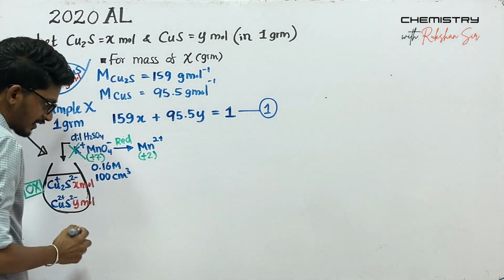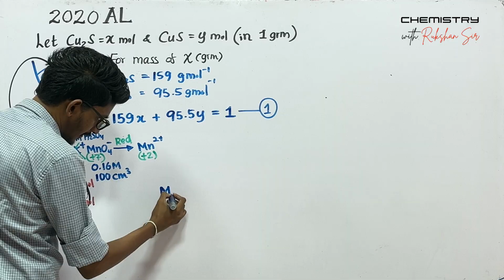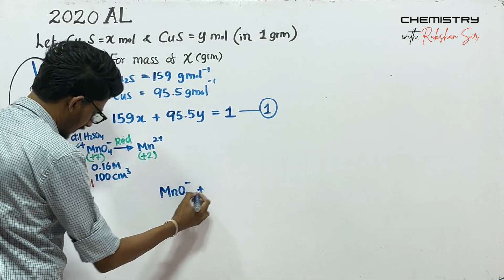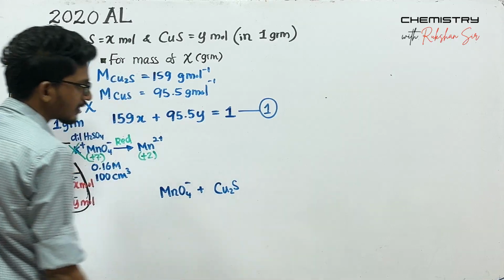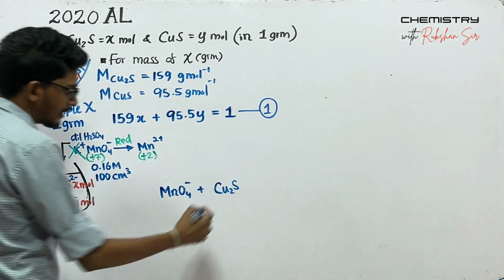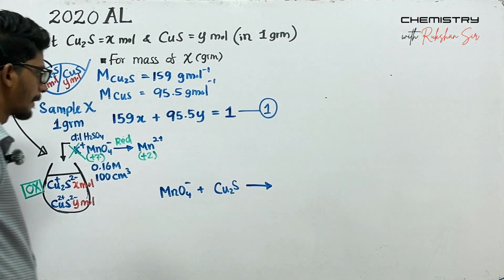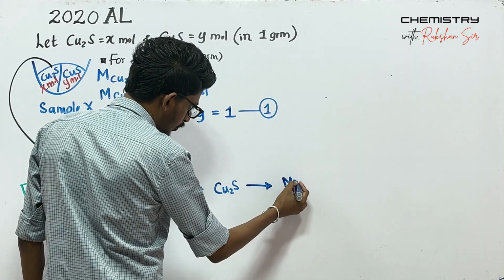So that is our first reaction to think of. What is that reaction? That is going to be MnO4 minus reacting with Cu2S to produce what? To produce the Mn2 plus.